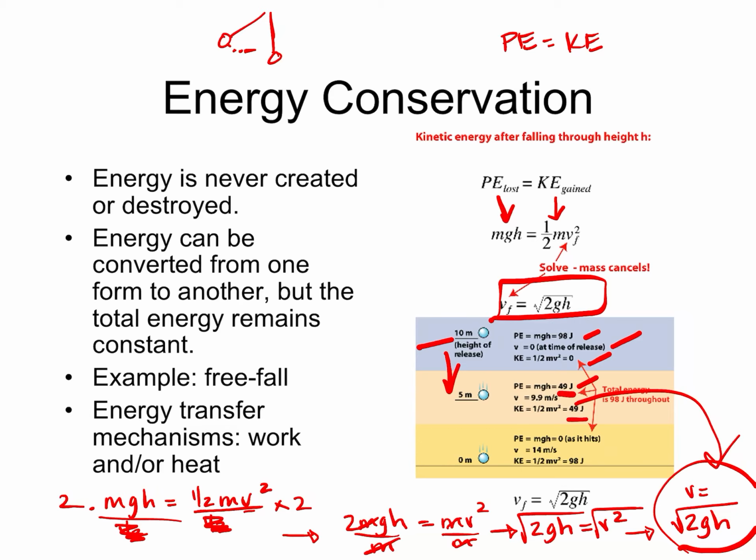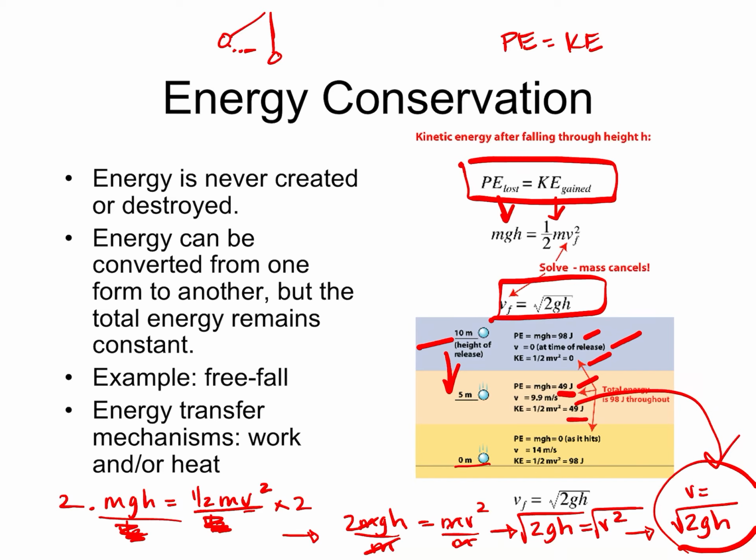And I want to point out that 49 joules plus 49 joules is going to equal 98 joules. So that goes back to this concept that potential energy and kinetic energy add up to the total.